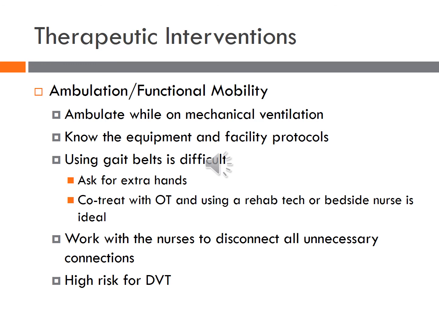Sometimes it's good to co-treat with occupational therapy or to use a rehab tech or a bedside nurse. As always, you want to work with the rest of the team, including nurses, to disconnect anything that's not necessary while you are up moving around. Patients who've been burned are at a high risk for developing DVTs, so promoting and encouraging early functional mobility and ambulation is very important.